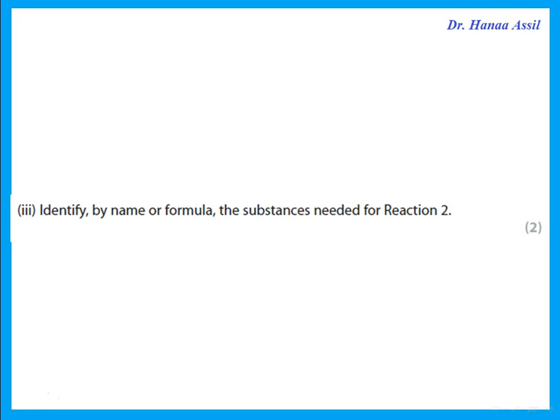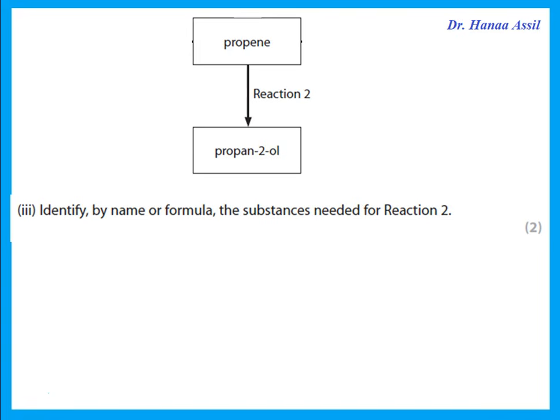Identify by name or formula the substances needed for reaction 2. What was reaction 2? This was reaction 2. Propene becoming propan-2-ol. So I'm changing an alkene to an alcohol. What should we add to change alkenes to alcohol?